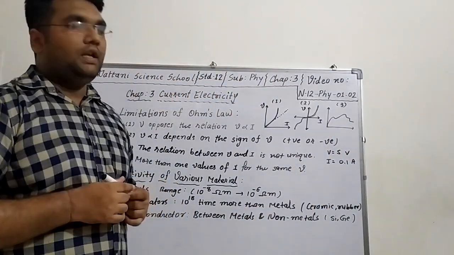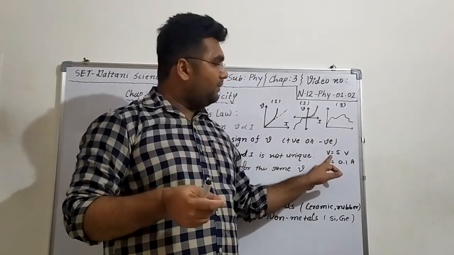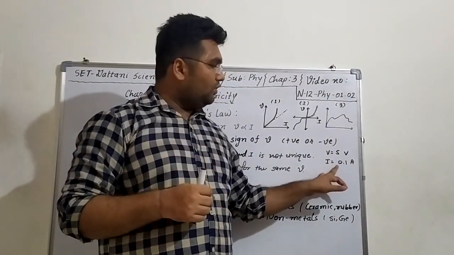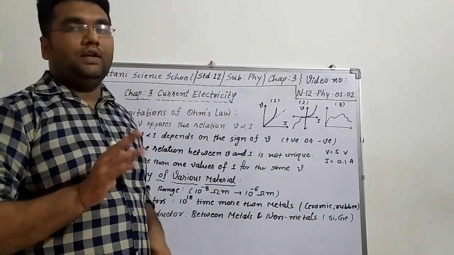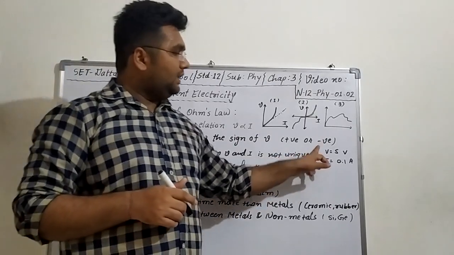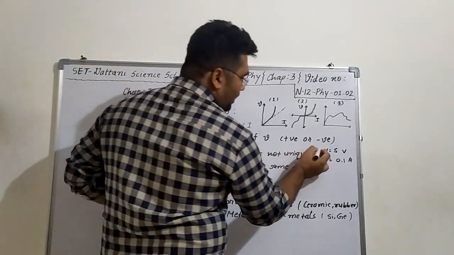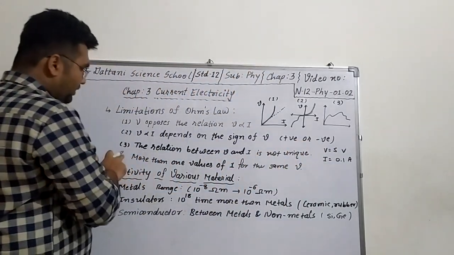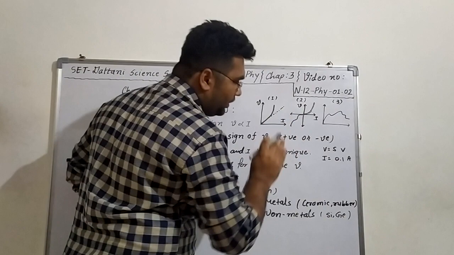Suppose in any device you give 5 volts and you get an output of 0.1 ampere. If that device is an ohmic device, then this is the situation. But this limitation says that the relation between V and I is not unique.